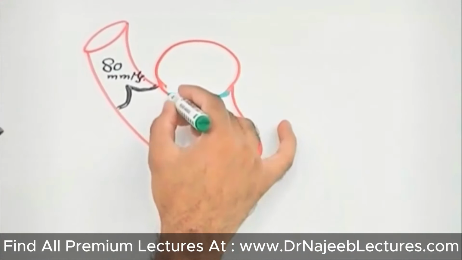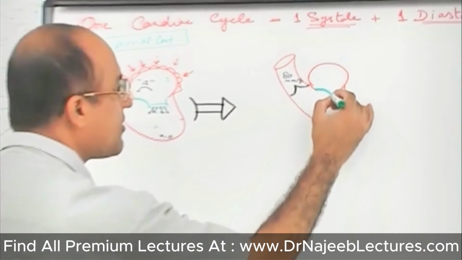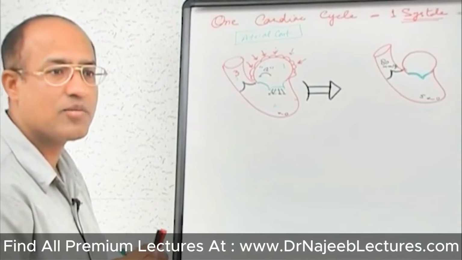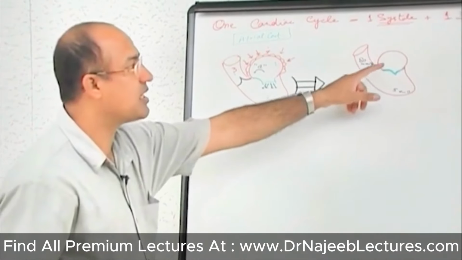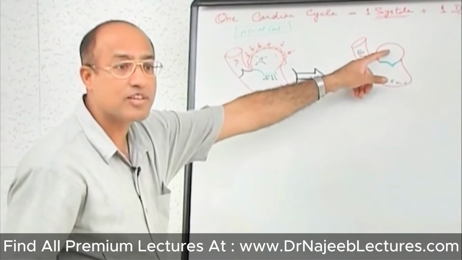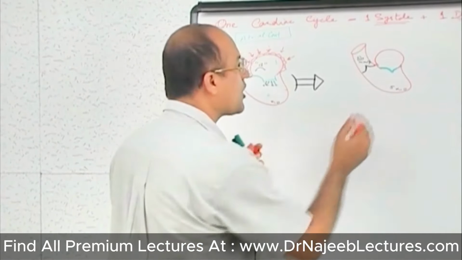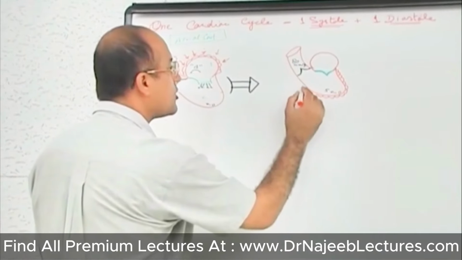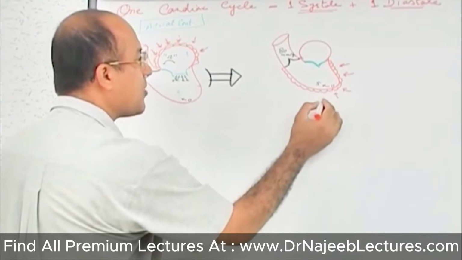So the mitral valve is closed because pressure in the ventricle is more than atrial pressure. Is that right? But the ventricle will continue to contract, right? It is squeezing the blood.